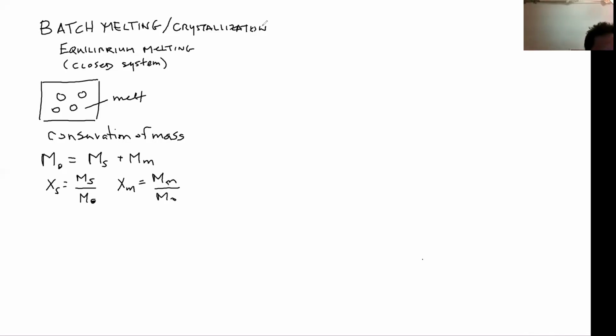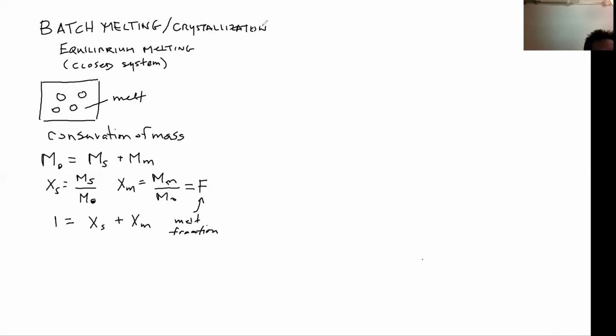And if I divide everything here, that first equation, by m0, then what I'll have is 1 is equal to xs plus xm. Okay. What I'm going to do to keep things simple is I'm going to call this thing F. From now on, this thing is the melt fraction.